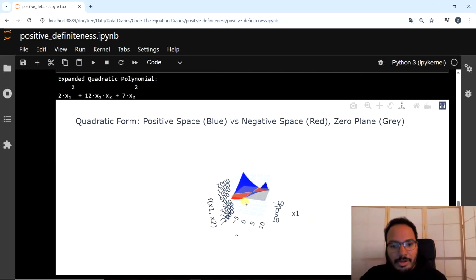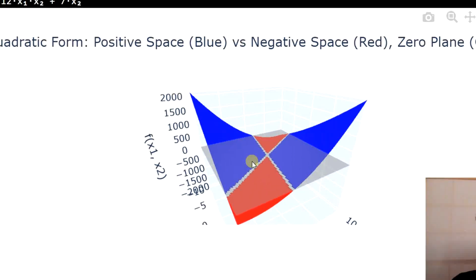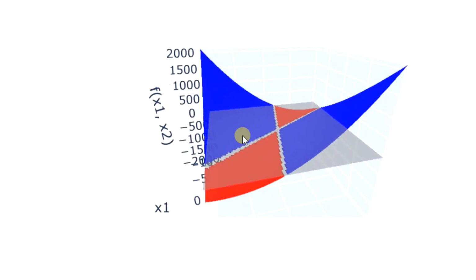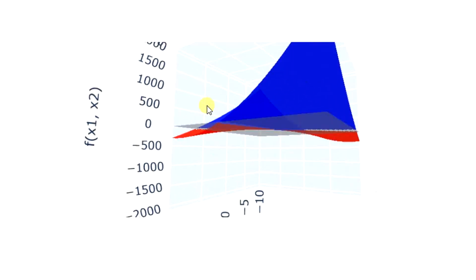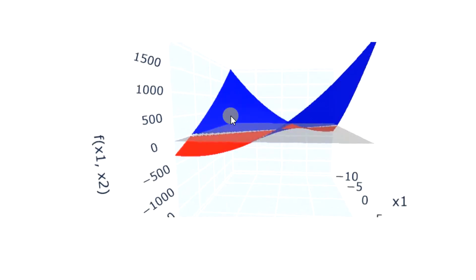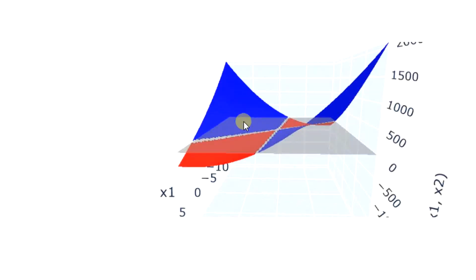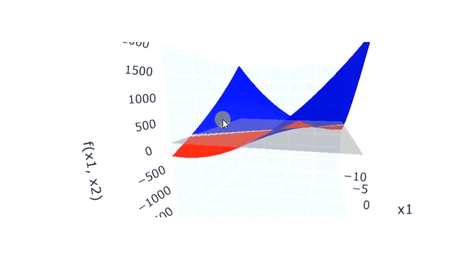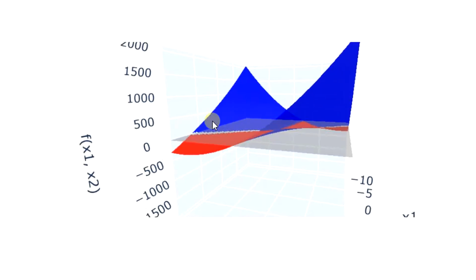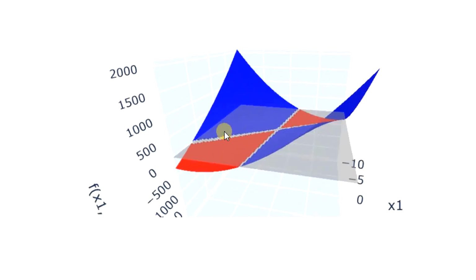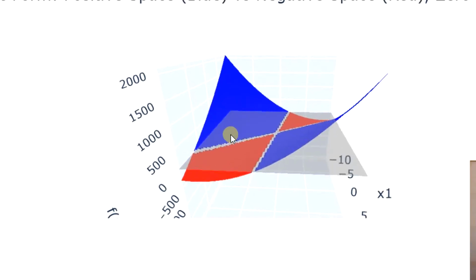So now I zoomed out, let's zoom in. And you see that here we have red space, which extends into the negative section. And if any part of the graph is in the negative space, it means that the matrix is not positive definite. So this is actually how we can visually tell about the positive definiteness of this matrix.